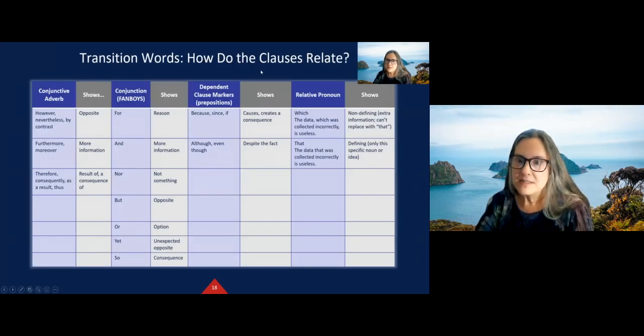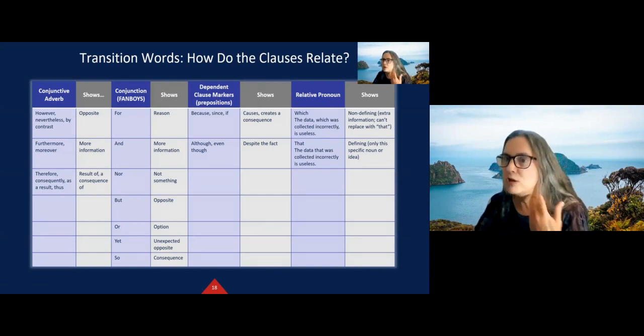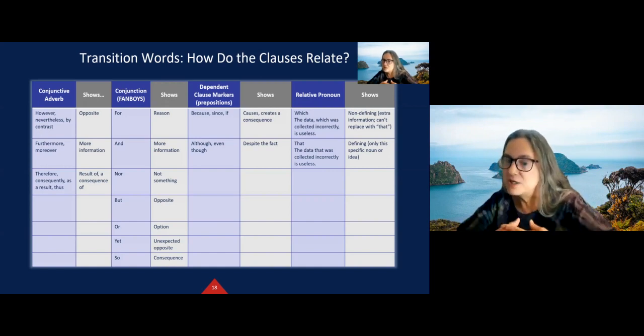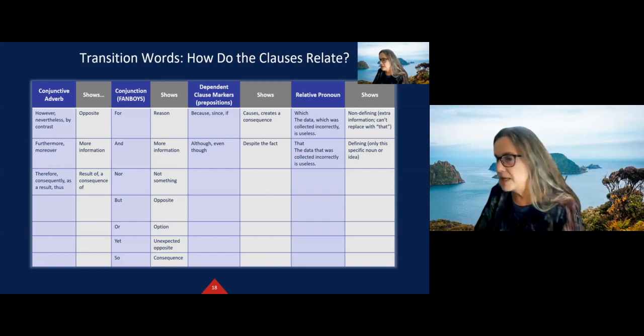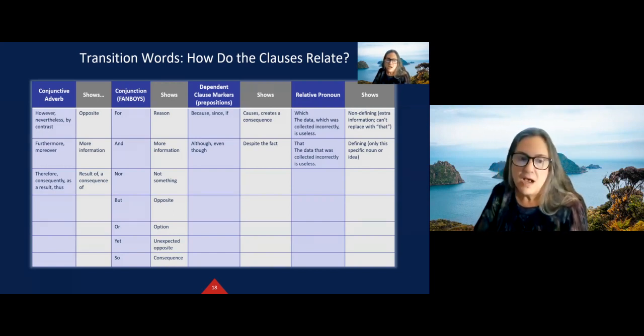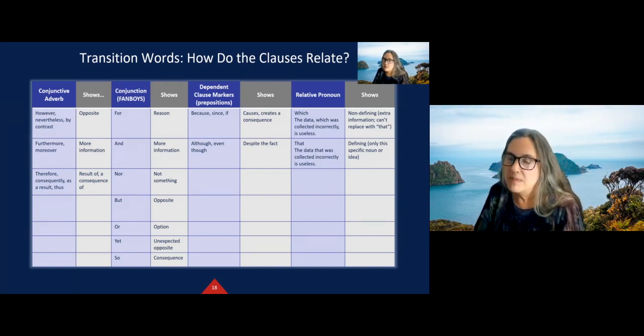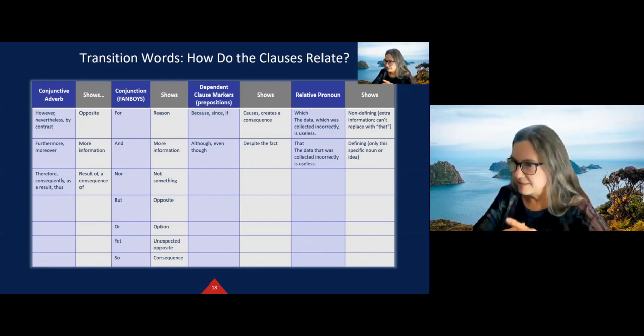So let's look at some transitional words and how they help clauses or ideas relate to one another. Grammatically, how they help dependent and independent clauses relate, or in terms of meaning, how they help ideas relate.